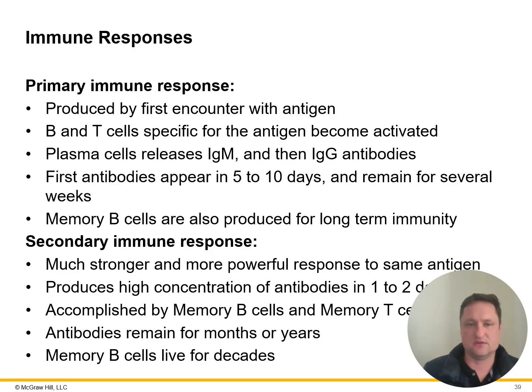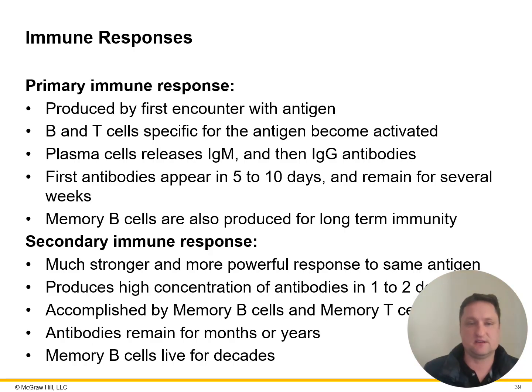On re-exposure, the secondary immune response kicks in. Because memory B cells and memory T cells are already in place, the system responds much faster and much stronger. High antibody levels appear in 1 to 2 days and can remain for months to years. This is why reinfections are often milder and why boosters work.